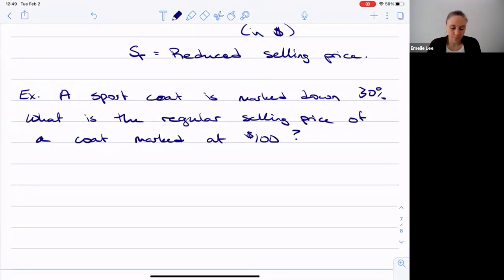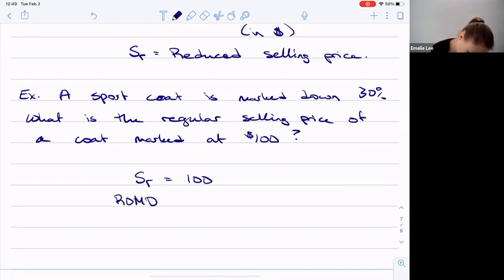So it's been marked down to $100, and here we want to know what the regular selling price is. That's S. The reduced selling price, S subscript R, is 100, and the rate of the markdown is 30%, so the ROMDA is 0.30.